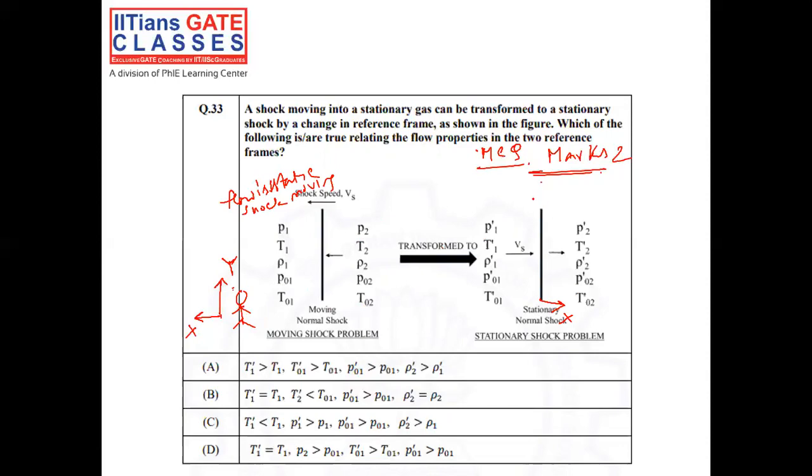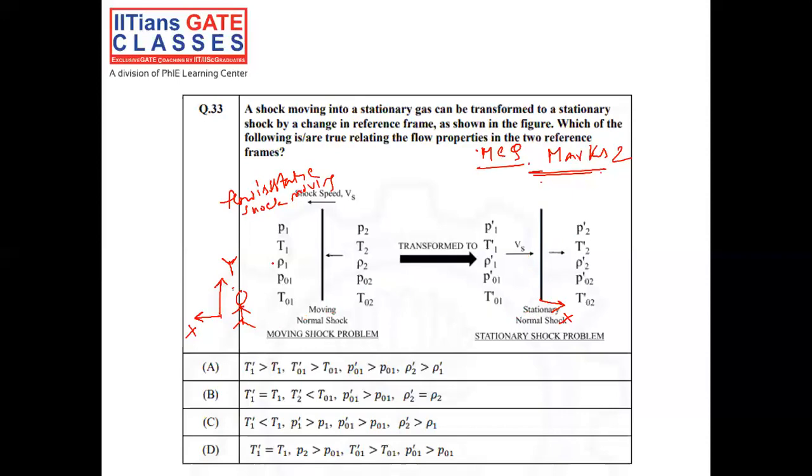So the relative velocity between the observer and the shock becomes zero. So what will the observer see in this condition? The observer will see a static shock, as the relative velocity between the observer and the shock has become zero. So it will see that the shock is static, but the flow is moving. In this way you can transform this moving normal shock problem to a stationary normal shock problem.